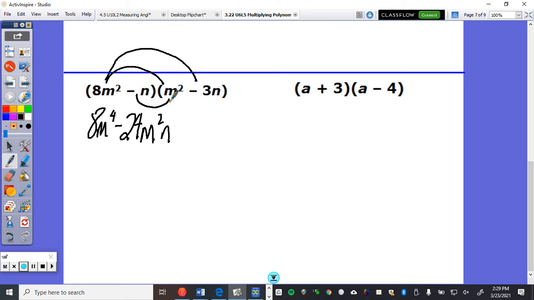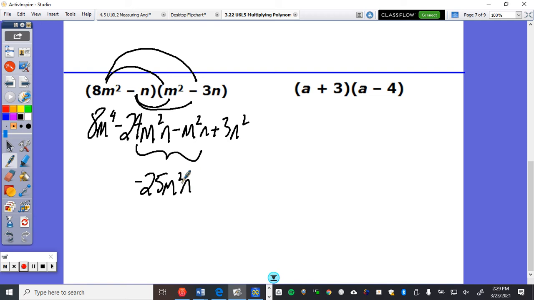Negative n times m squared is negative m squared n. And negative n times negative 3n is positive 3n squared. I combine these two together, gives me negative 25m squared n plus 3n squared, and we have the 8m to the fourth.